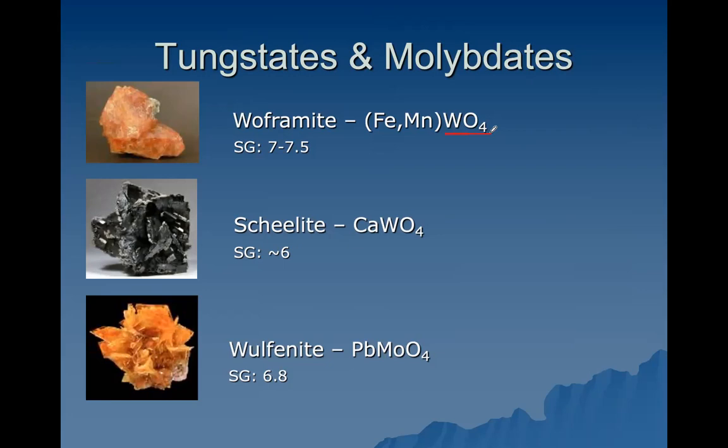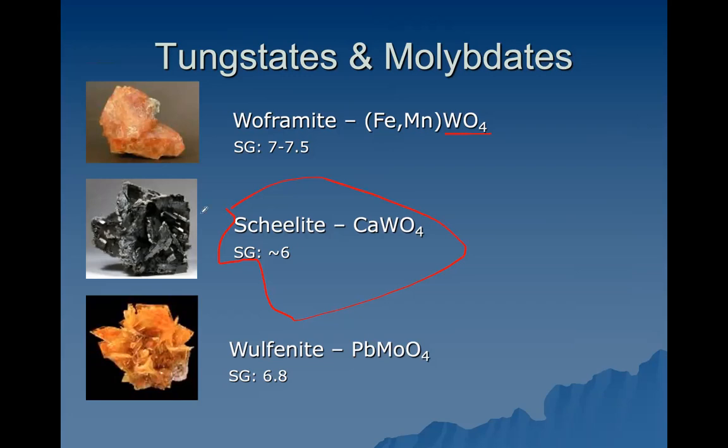Especially scheelite, if you have a torch, a UV lamp, right? If you have a UV light, they will be very fluorescent, right? They have the fluorescent feature. They are very shiny under UV light.